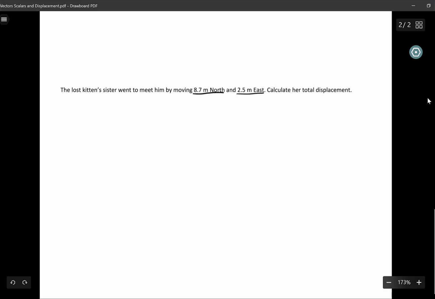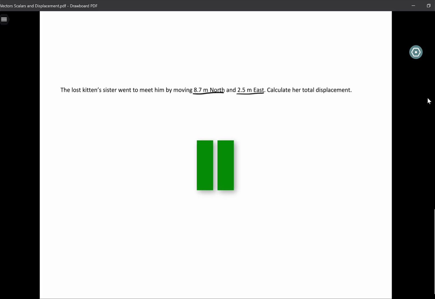Calculate her total displacement. So very similar to the last question. Okay, here's a good chance to pause the video, try it yourself, and I will play the rest of my solution video in fast play. Okay, here the fast play will begin. I'm going to be shifting angles, turning off my mic so you can watch this in fast mode.